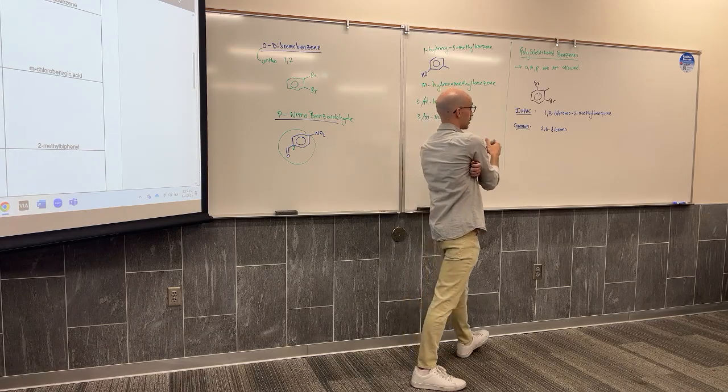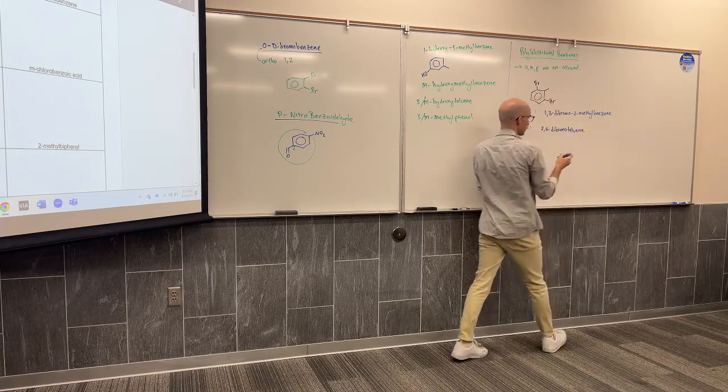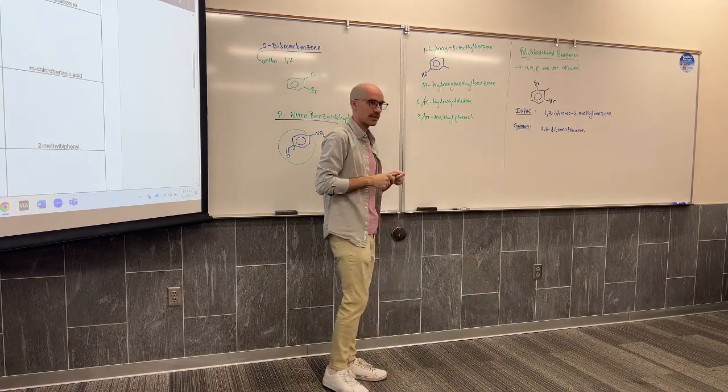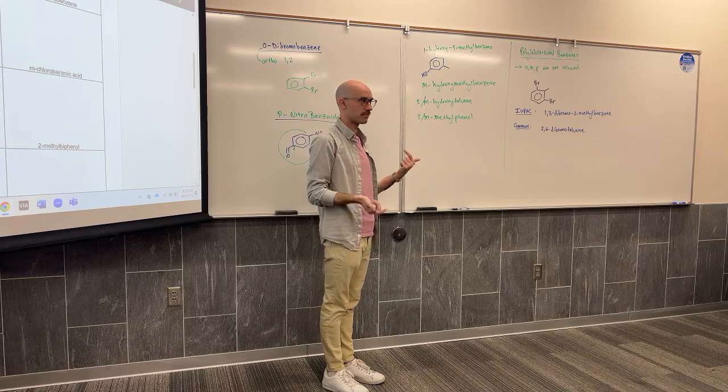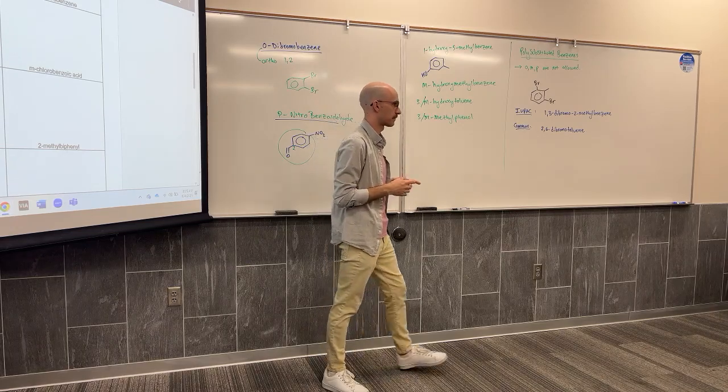Okay, so 2,6-dibromotoluene. Interesting how the locant set flips on its head when something happens like that.